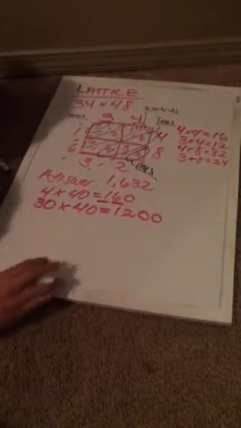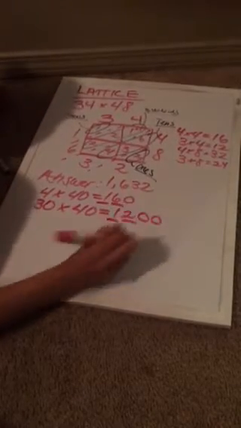So 30 times 40 is equal to 1,200. So it looks like we wrote 12 in this box, but really the 1 and the 2 are representing 1,000 and 2 hundreds.